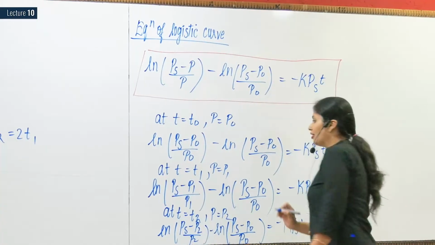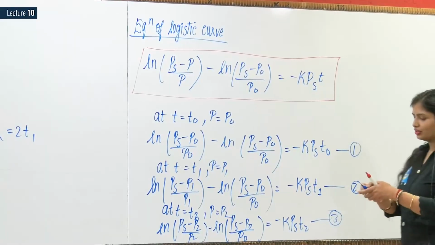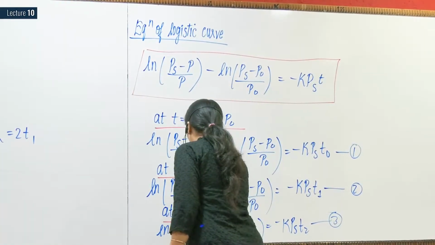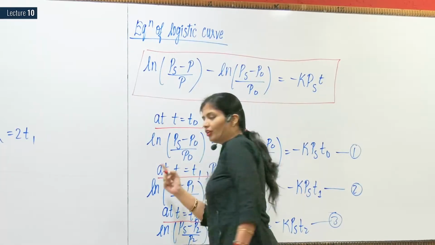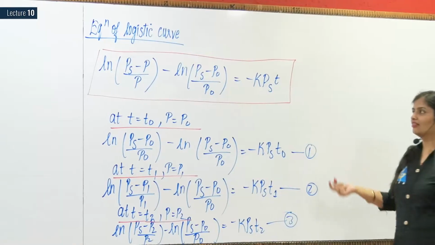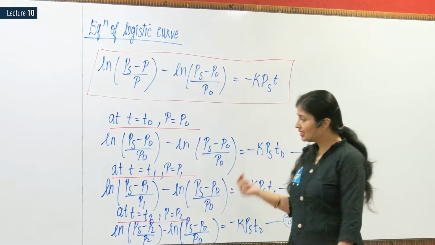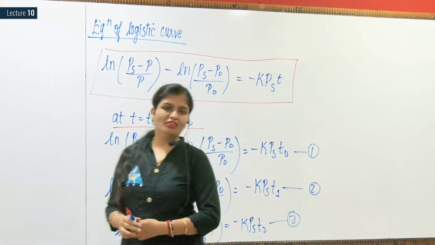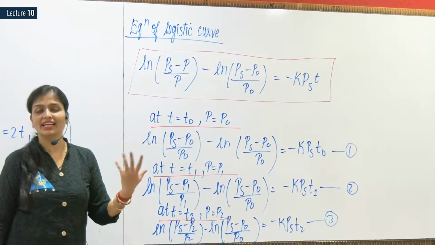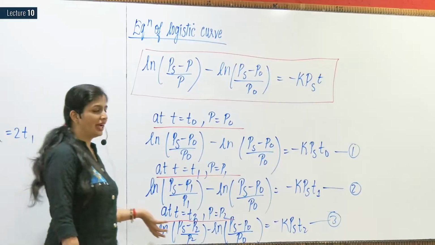So you have got the three equations based on these boundary conditions. What you have to do, you can solve them and get the value of the unknowns. But can you imagine, first of all you have to make these three equations and solve them and get the value. This is so much hectic.